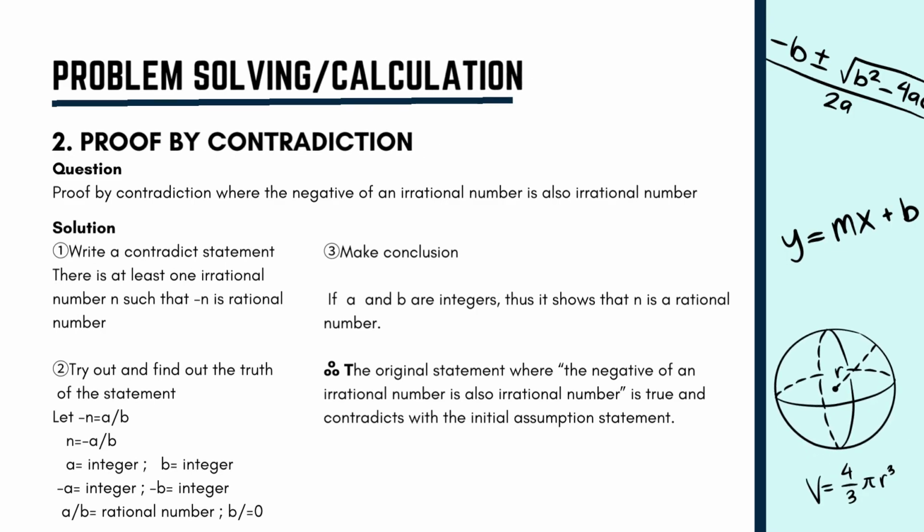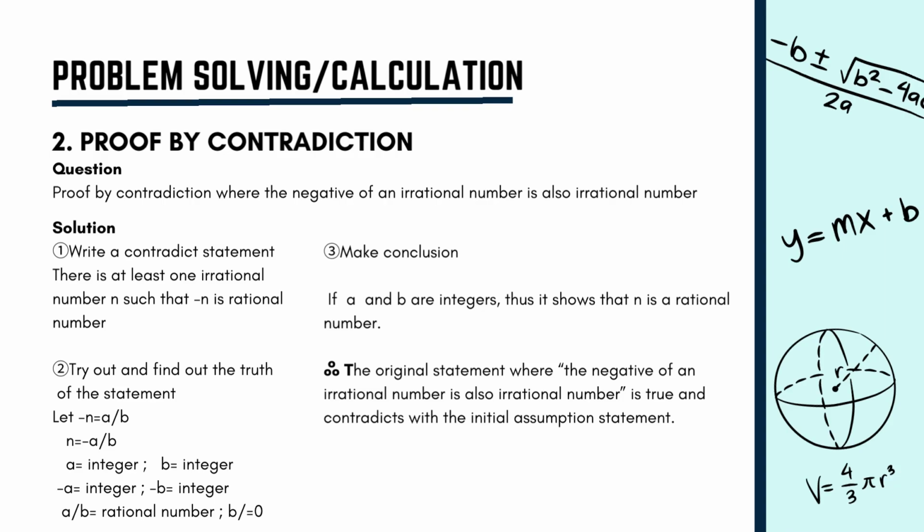Proof by contradiction. Question: prove by contradiction that the negative of an irrational number is also an irrational number. Solution. Step 1, write a contradictory statement: there is at least one irrational number n such that negative n is a rational number. Step 2, try out and find the truth of the statement.